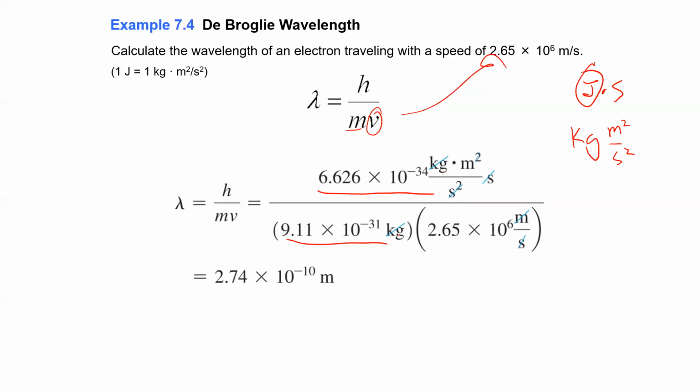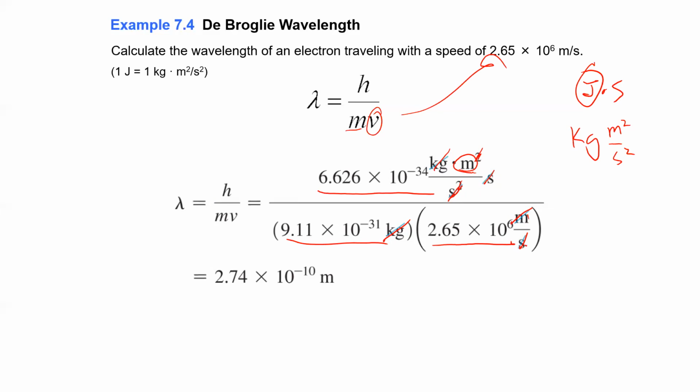And we see that the kilograms cancel, one of the seconds cancels here, but then when we use the velocity, which is meters per second, the other per second cancels, one of the meters cancels, and I'm left in units of meters. So I get 2.74 times 10 to the negative 10 meters.